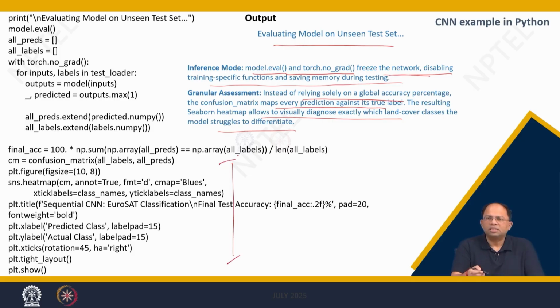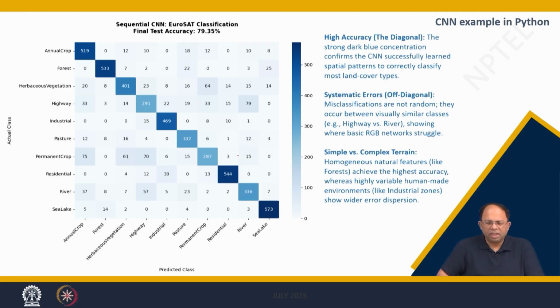You can always test this on your own, and at the end of that we are getting a plot which looks like this. Final accuracy is 79.35%, as we have already found out, and this heat map plot tells us that for each of these classes, this side is the actual class and this side is the predicted class.